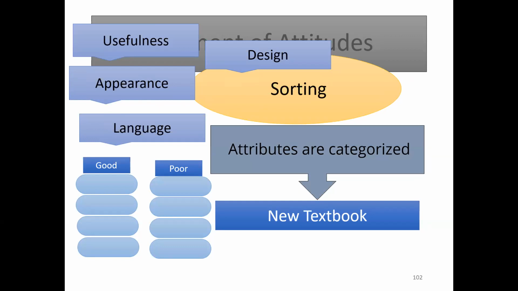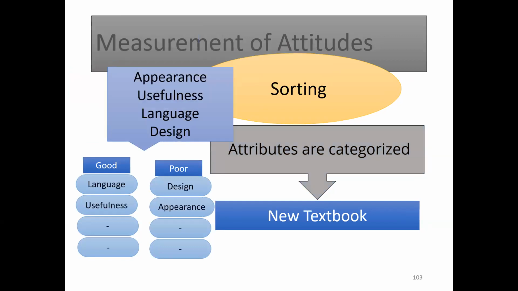So they will select language, good. Usefulness of the textbook, good. Design, poor. Appearance, poor, or other attributes. So you can select a large number of attributes related to one phenomenon. You can ask the participants to sort, to group.